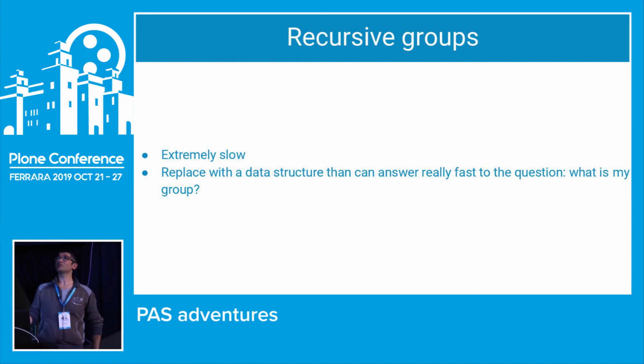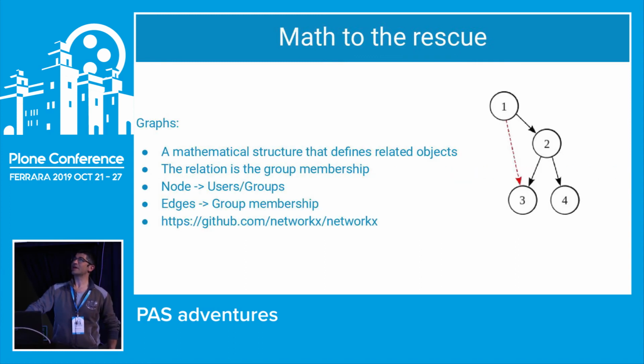And given that we could have collective workspaces groups inside the collective workspaces, that could take quite some time. So to fix that, we needed to find a way to really resolve this problem in a blaze. And so in order to get that in the proper way, we decided to use graphs.